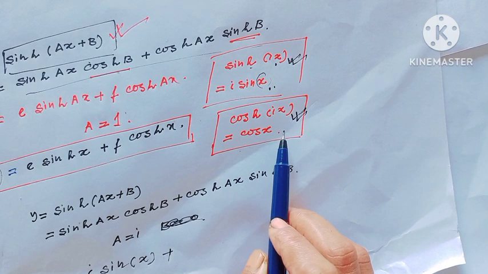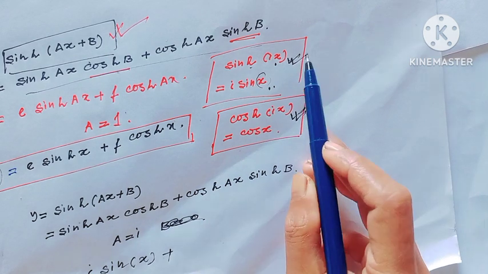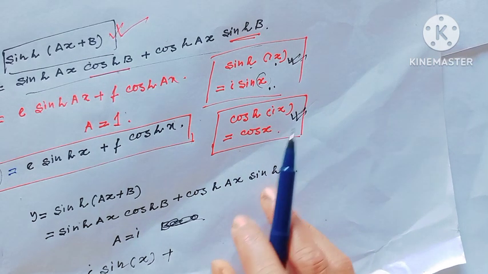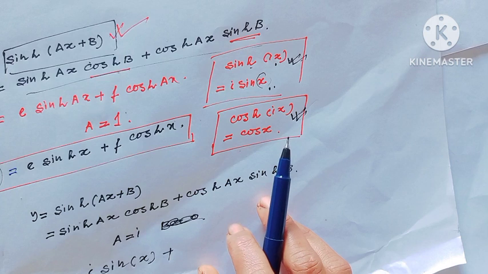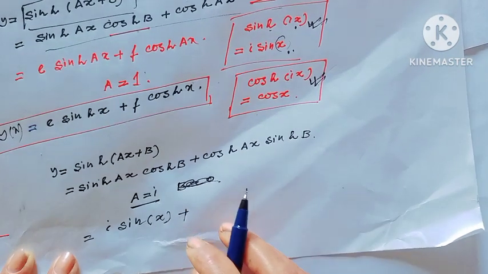We all of us know this part. Therefore, by this expression, since option 4 indicates the extremal is a sin x plus b cos x, for this consider a equal to i.